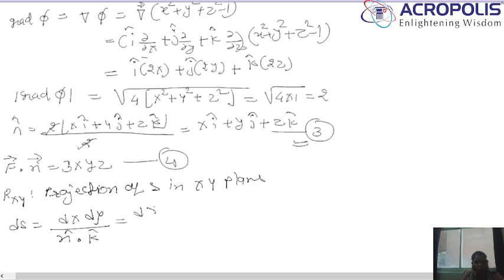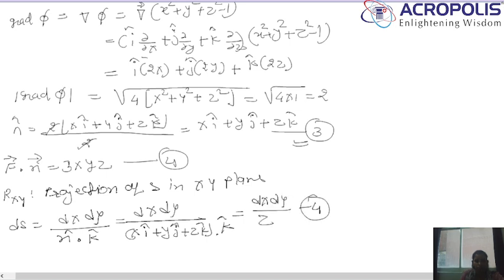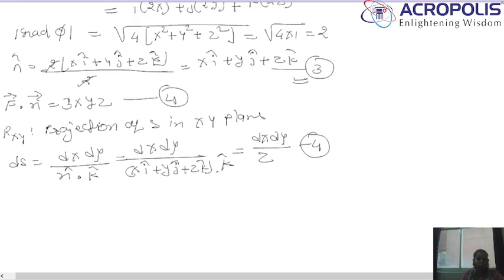So here dx dy upon n cap dot k cap is nothing but xi plus yj plus zk dot k cap. So the value is dx dy upon z, say equation number 5. Now the limit of this projection in the xy plane, here x square plus y square equal to 1 in the xy plane.